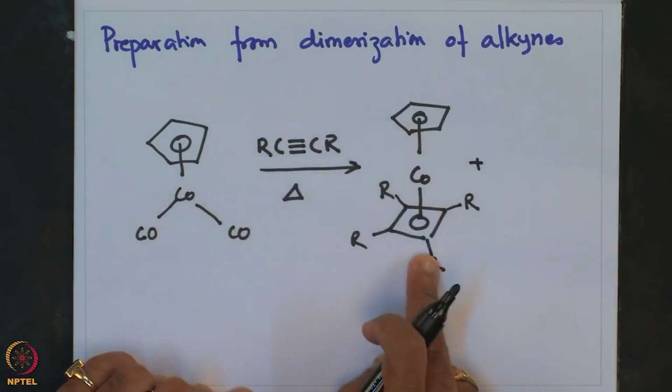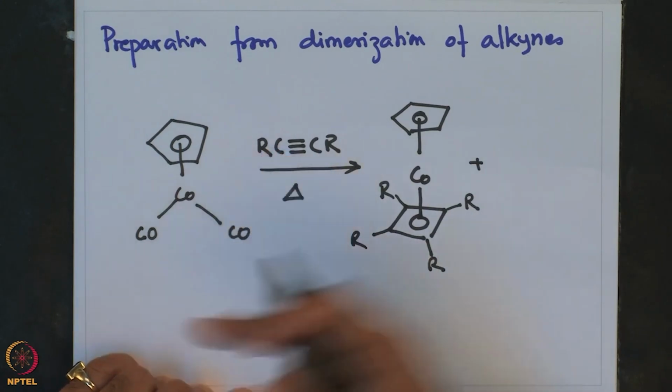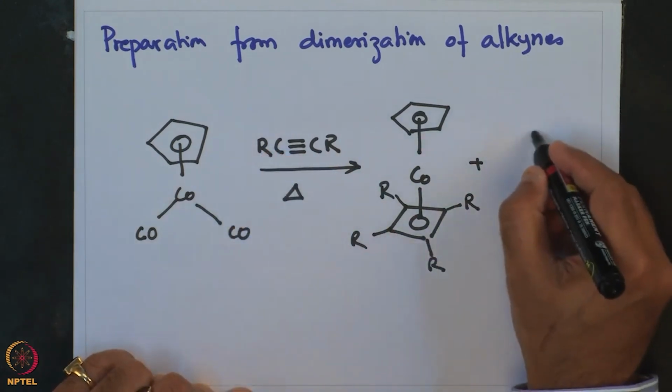So dimerization will give cyclobutadiene from this alkyne and trimerization will give benzene.